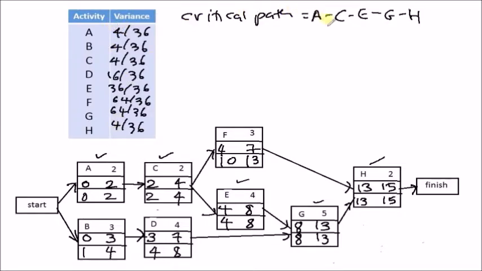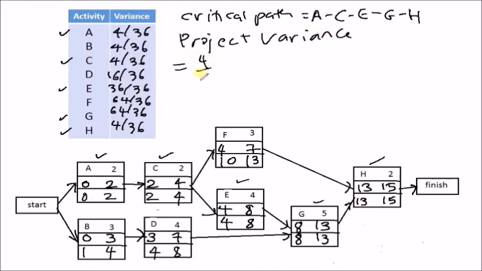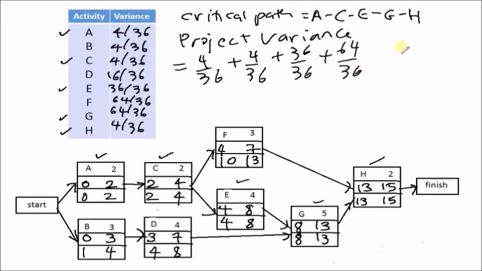We have also found the critical path is A, C, E, G, H. So project variance equals 4 over 36 plus 4 over 36 plus 36 over 36 plus 64 over 36 plus 4 over 36, which equals 112 over 36, or 3.11.